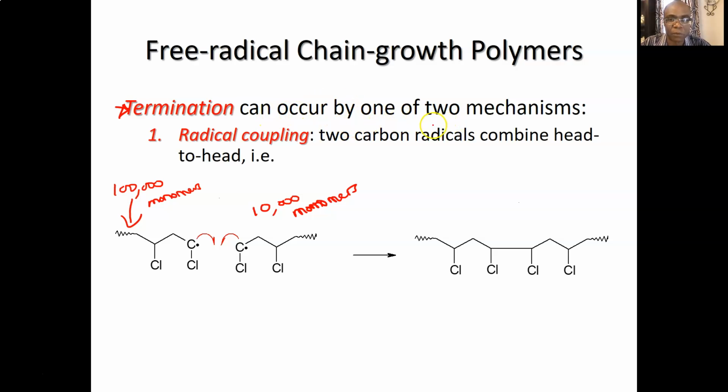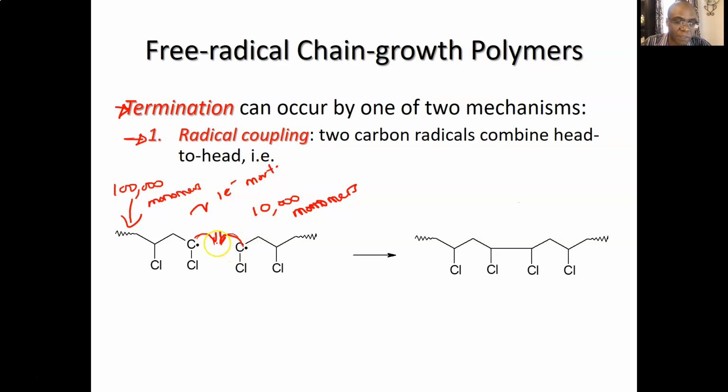This can occur by one of two mechanisms. One is radical coupling, where two radicals of the polymers, which are still long chains, close the reaction by the two electrons joining using a fishhook arrow. Remember we said a fishhook arrow is one electron movement. I'm assuming you know that.